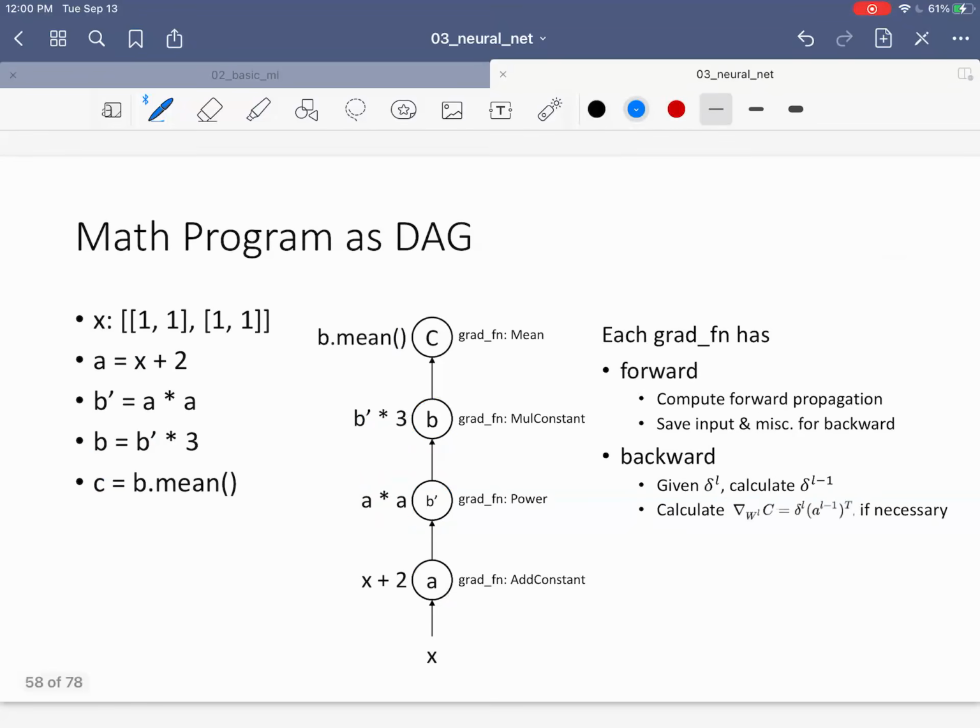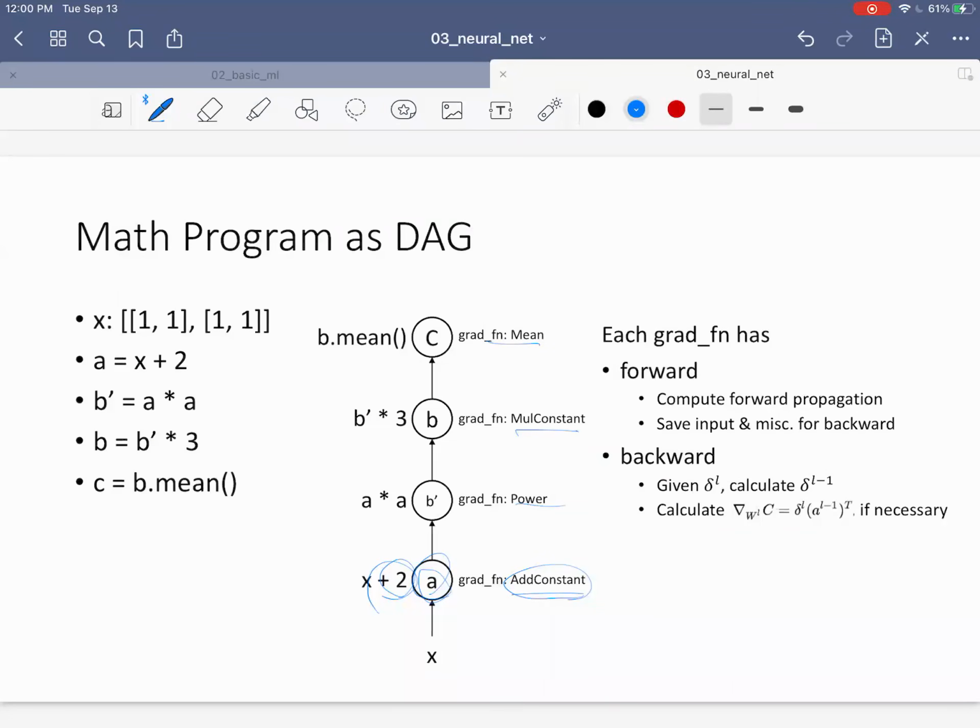And what happens is that each node has a mathematical operation. I'm just making things up here, this is not actual PyTorch, but so you can imagine how things are done inside PyTorch. The first node will have the addition function, add constant. You're just adding 2. You're not adding a variable, not adding any learnable, trainable parameter.